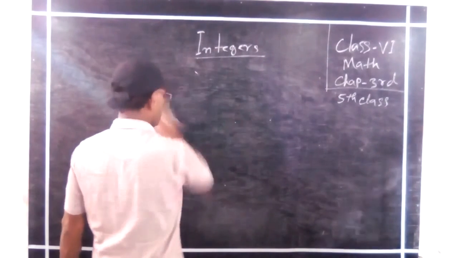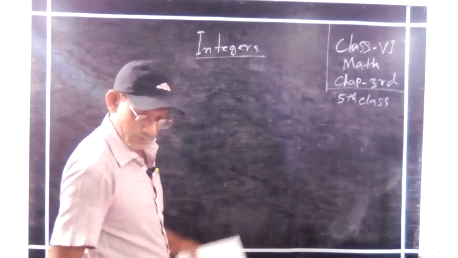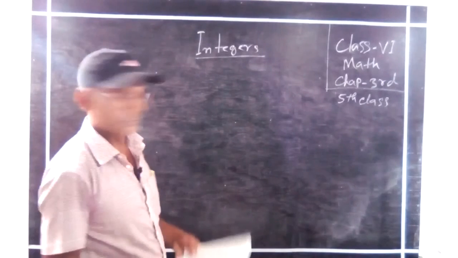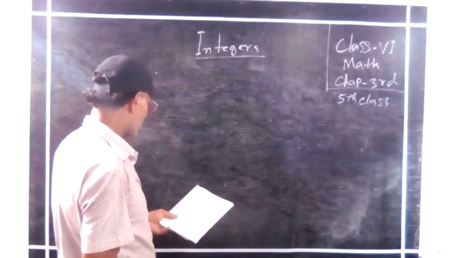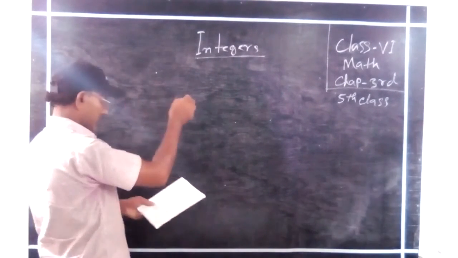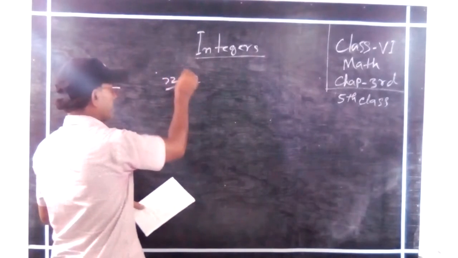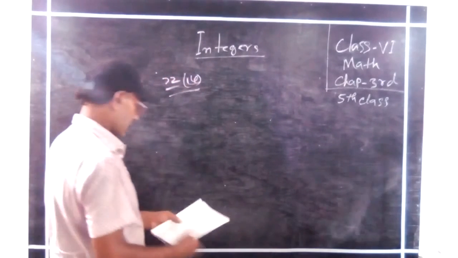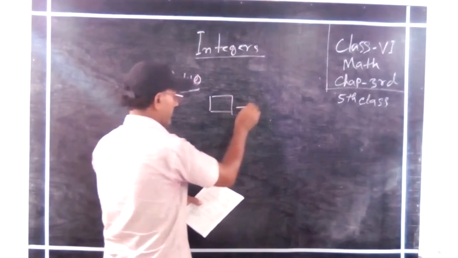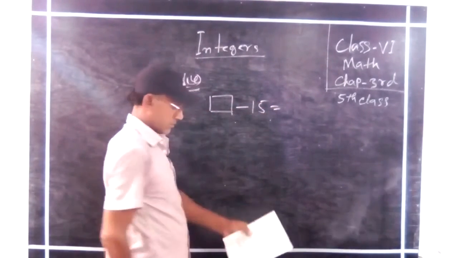Next, attention please. I hope you will understand everything. The last point of number 12: here empty cell minus 15 equal to minus 10.